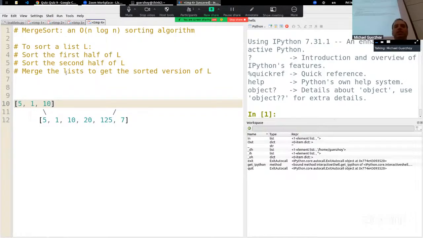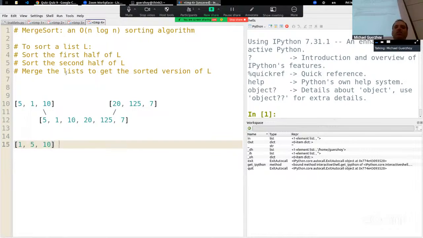And then sort the second half. So that would be 20, 125, 7. And then once I have the sorted versions, so once I have 1, 5, 10 over here, and I have 7, 20, 125 over here, I'll merge them into one big sorted list.